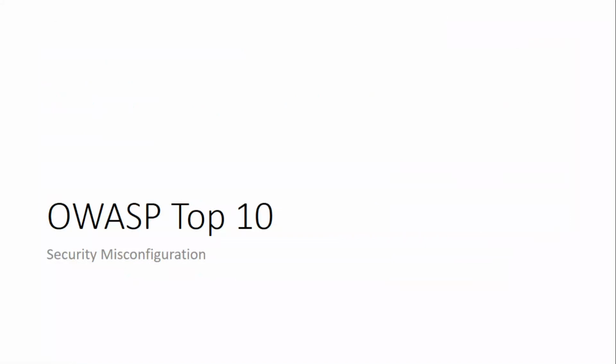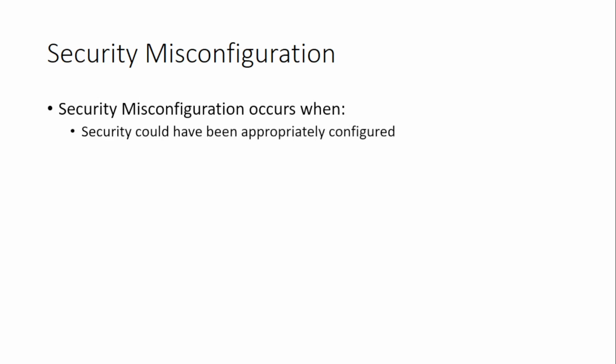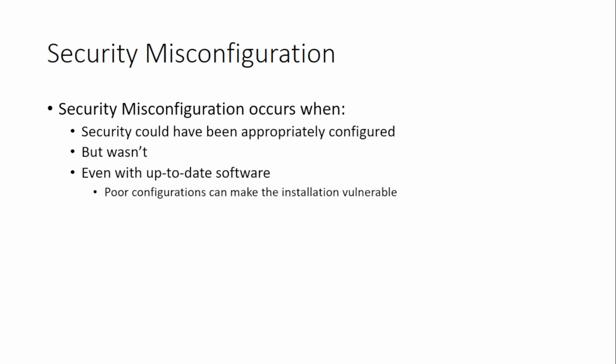And now the fifth in this list of the OWASP Top 10, and the last one that we'll be seeing in this video, is security misconfiguration. Security misconfigurations are distinct from the other top 10 vulnerabilities because they occur when security could have been appropriately configured but wasn't. So even if we have up-to-date software, poor configuration can make the installation vulnerable.